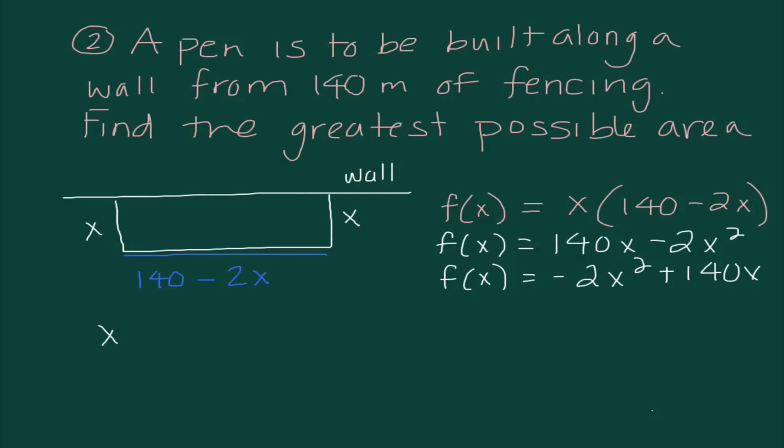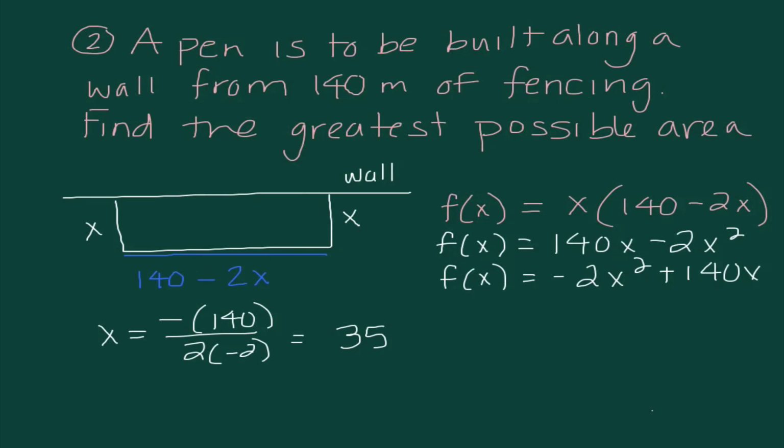So I know that x is equal to the opposite of b divided by 2a. So I have negative 140 divided by negative 4, and I believe that goes in 35 times. So what this tells me is that x should be 35 meters to represent the greatest possible area.